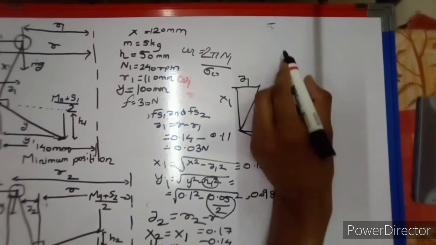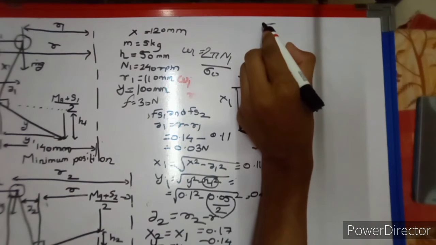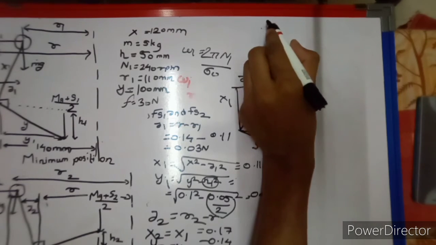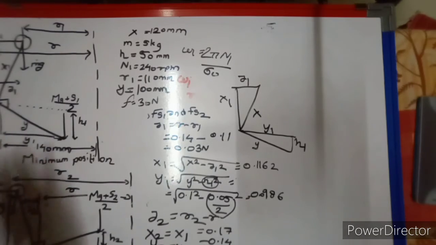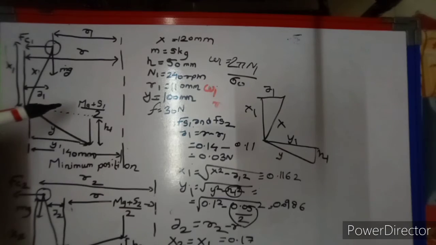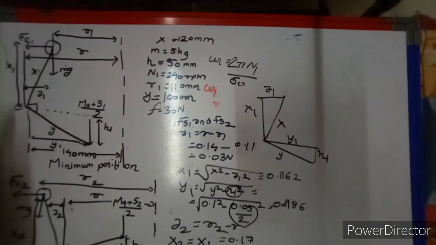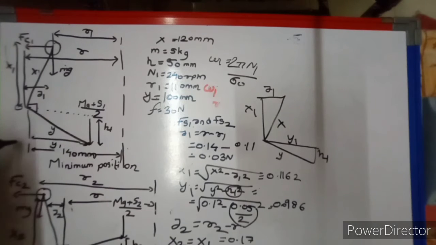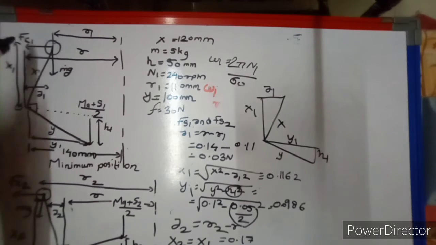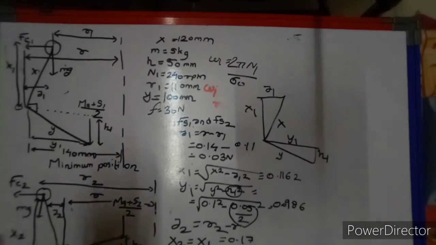And now the final thing, not the final thing, it's a moment step, and we have to take moment about O for the minimum position. So for the minimum position, when we take moment, what will happen? (mg plus Fs1) upon 2 into y1, perpendicular distance, and Fc1 into x1, this is anticlockwise, positive, minus negative.